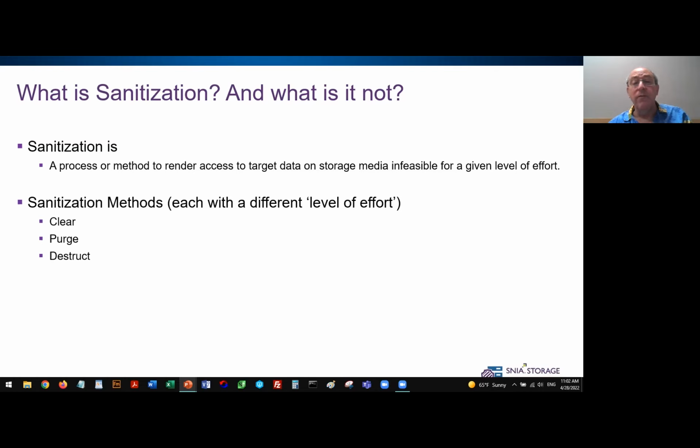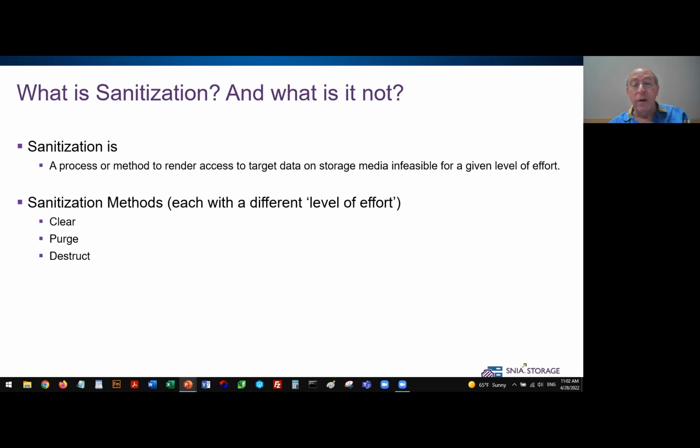If you're involved in organized crime, well, law enforcement might expend a great deal of effort to try and get the data that is associated with you. If you're a nation state, they can exert a lot of effort.